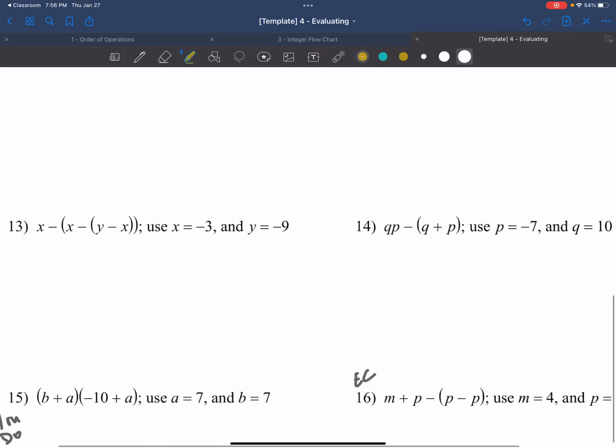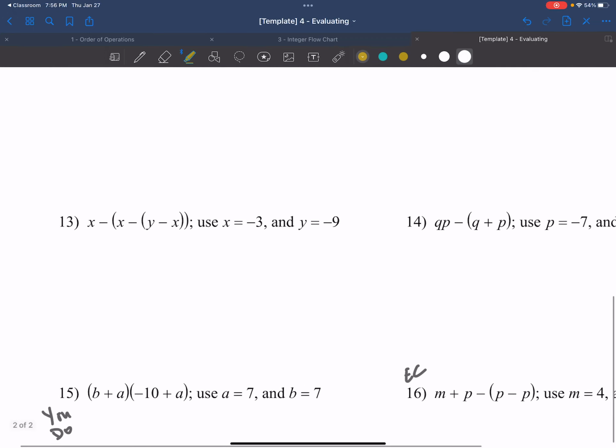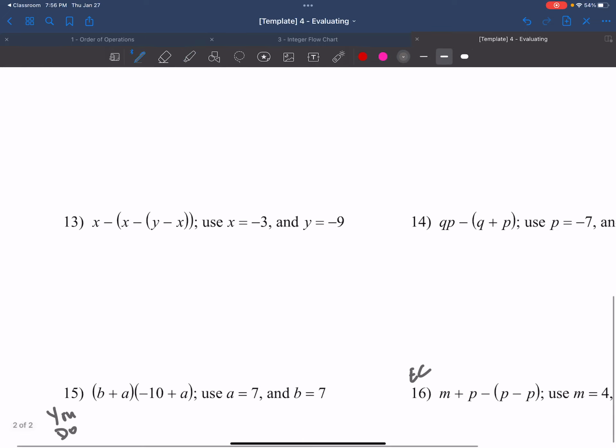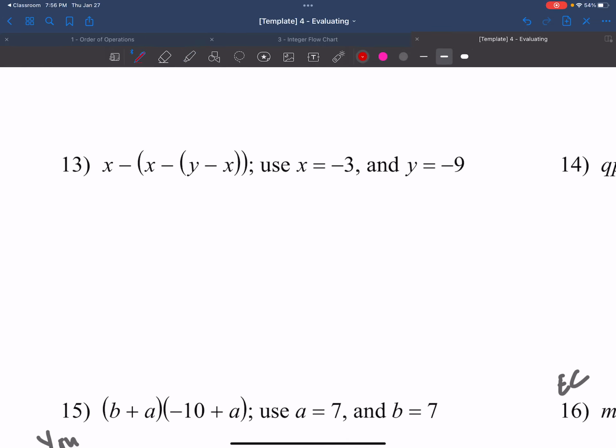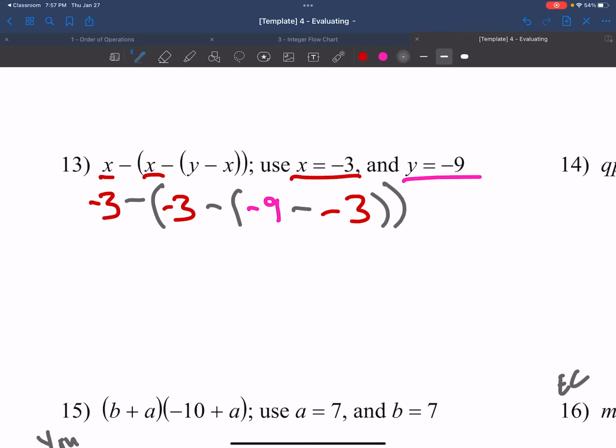Let's look at 13 and 14 together, because they're kind of crazy. All right, so x is going to be -3, y is going to be -9. So we've got -3 minus parentheses -3 minus parentheses -9 minus -3, and then close up those parentheses.